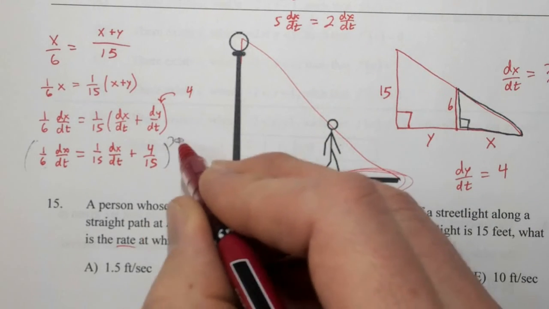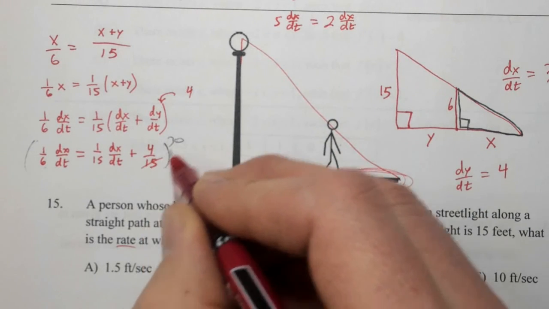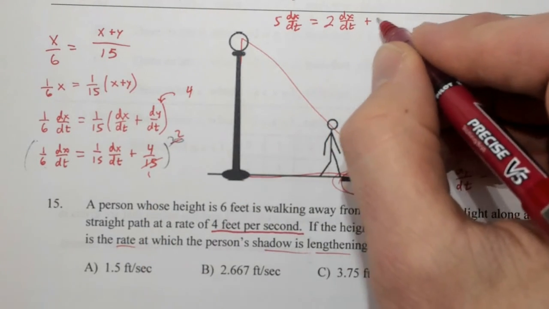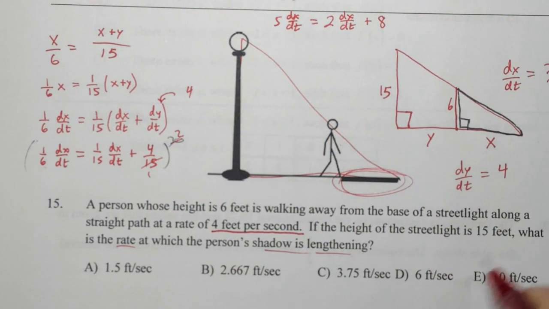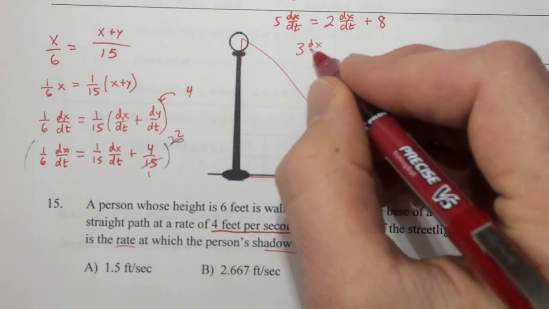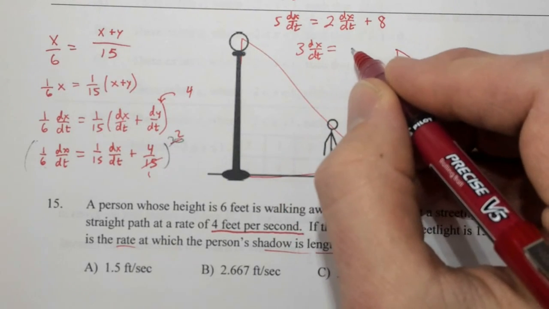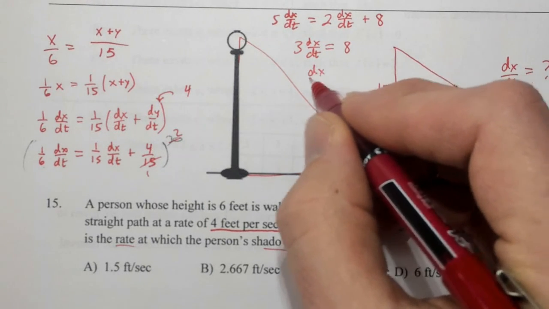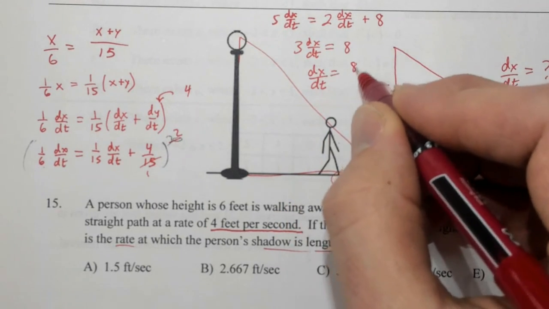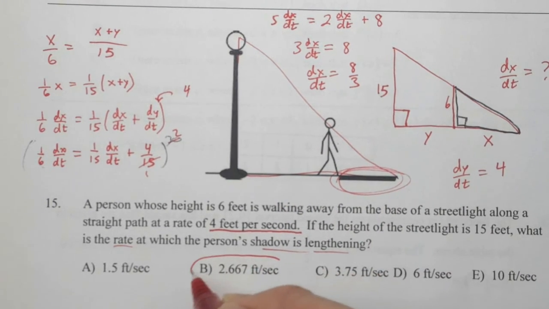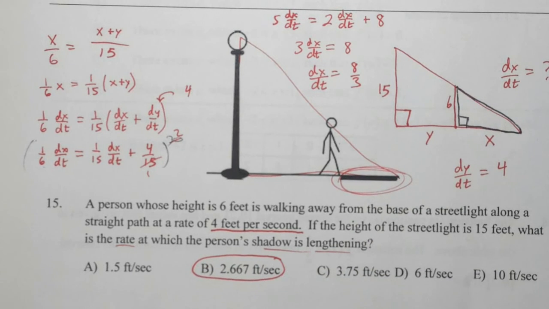And finally, 15 goes into 30 two times, so 4 times 2 would be 8. Subtract 2 dx/dt from both sides. So 3 dx/dt is equal to 8. And therefore, dx/dt, which is what we're trying to find, is 8 over 3. 8 over 3 as a decimal is 2.6 repeating.